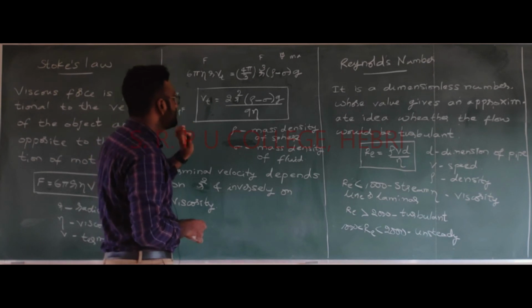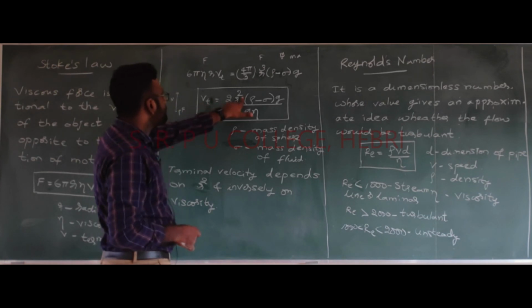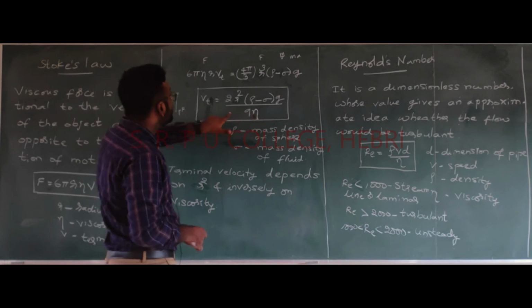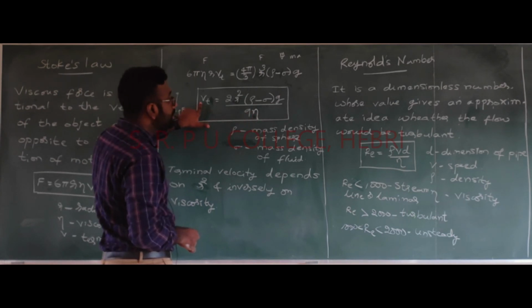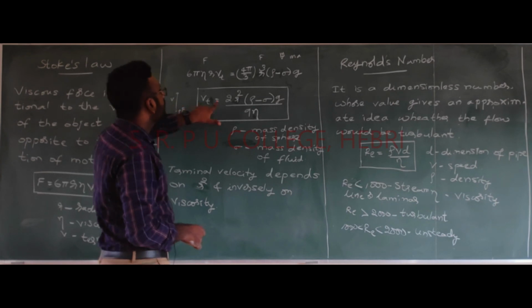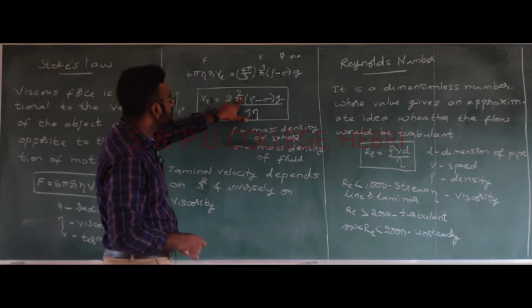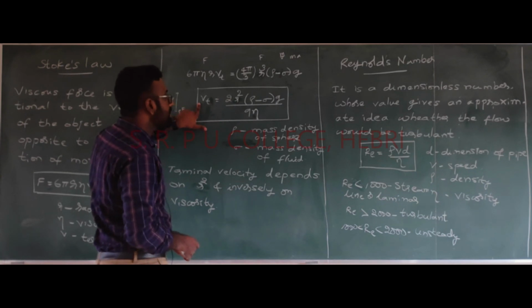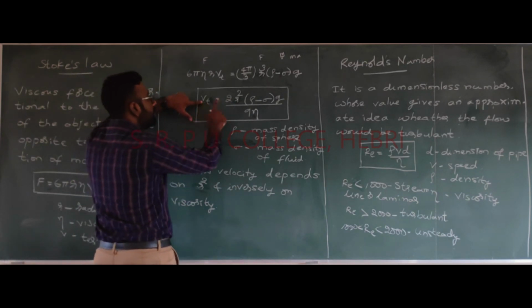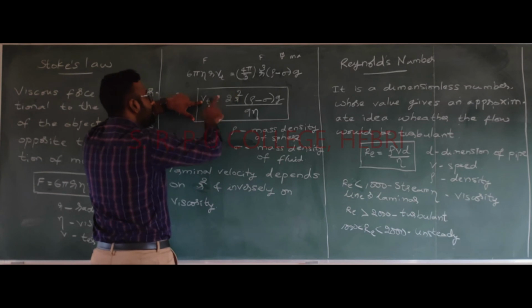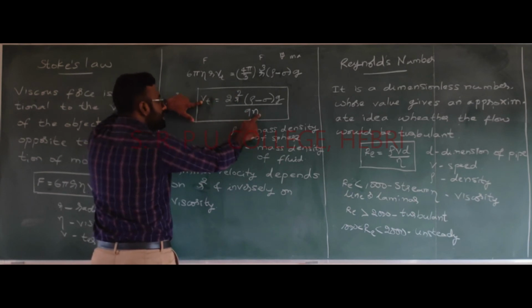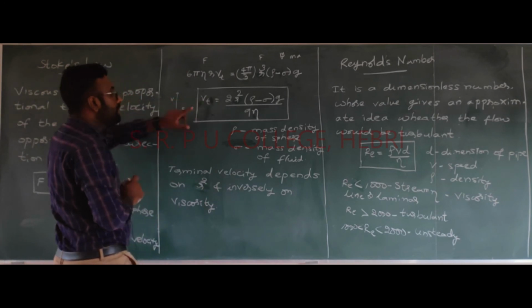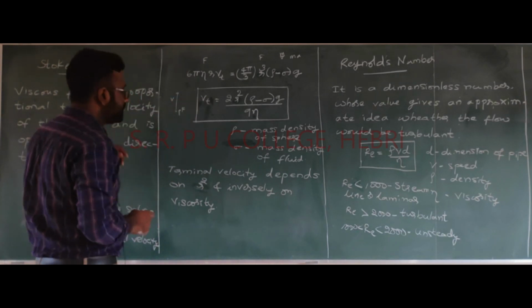That means if the viscosity of the medium is more, then terminal velocity will be less. If the radius of the sphere is more, then terminal velocity will be more. Correct, right? So if r is higher, Vt is higher. If eta is higher, then Vt is smaller. Okay, so this is the idea about Stokes law.